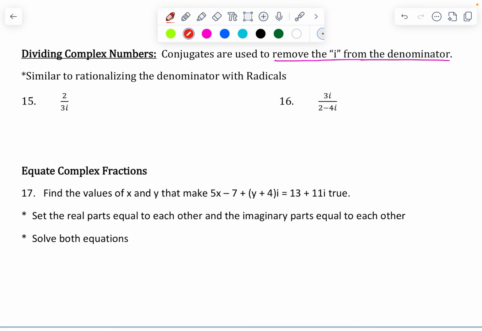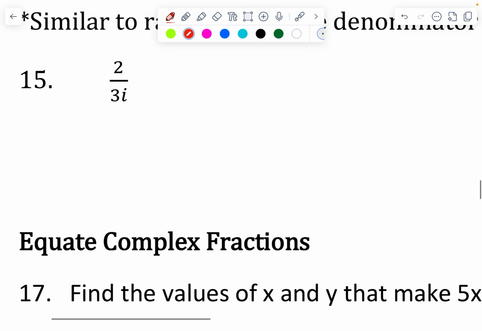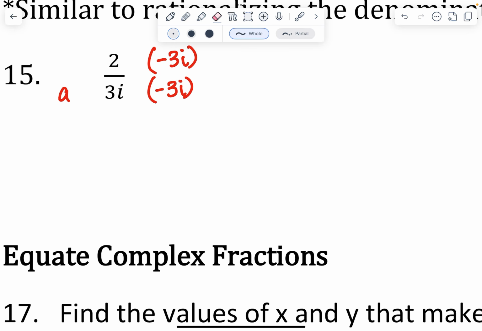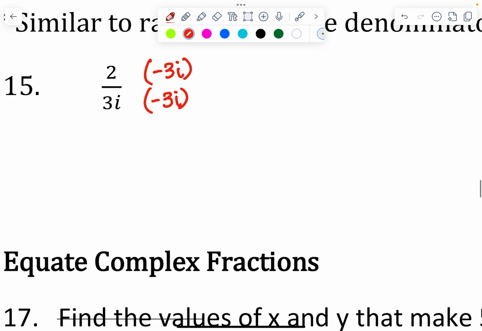So here we go. This is similar to rationalizing the denominator with radicals, only this time we're going to multiply by its conjugate. There is no A value, no real number, so don't worry about it. So at the top, you're left with a negative 6i. On the bottom, you're left with a negative 9i squared.